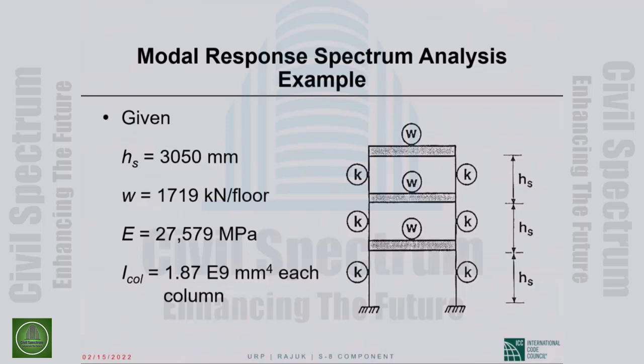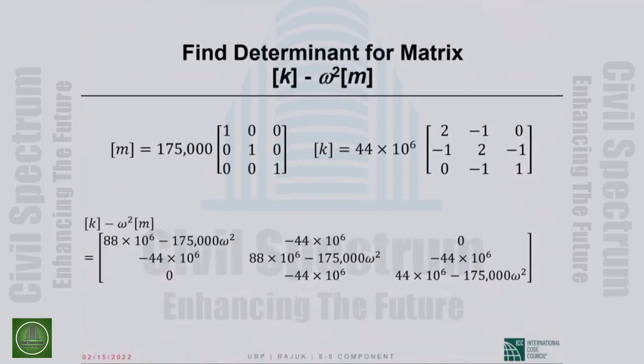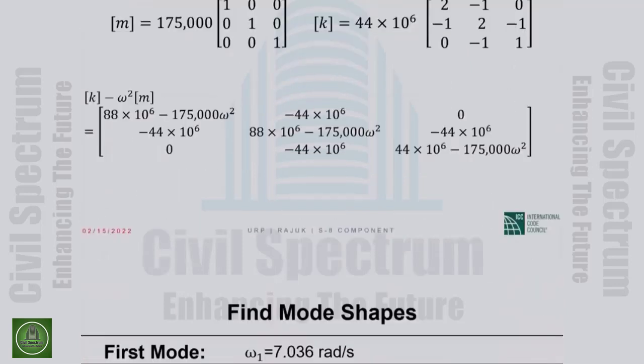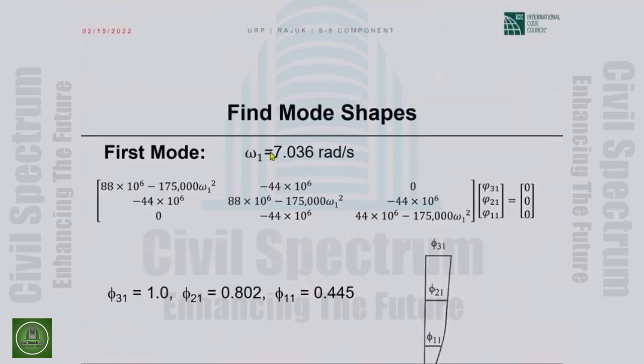Okay, so the same structure, nothing has changed, same quantities. This is a repeat. We assemble the mass matrix, we assemble the stiffness matrix, then we assemble the K minus omega squared M matrix. Okay, these are all steps.